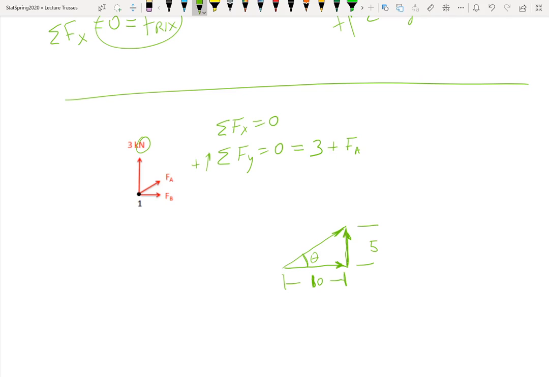Okay, so there's a couple ways you could do this. One is the square root of 10 squared plus 5 squared equals the square root of 125. I think that's it. So 5 is to this.